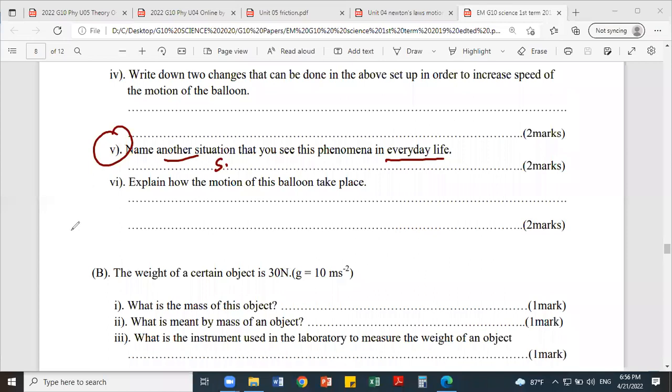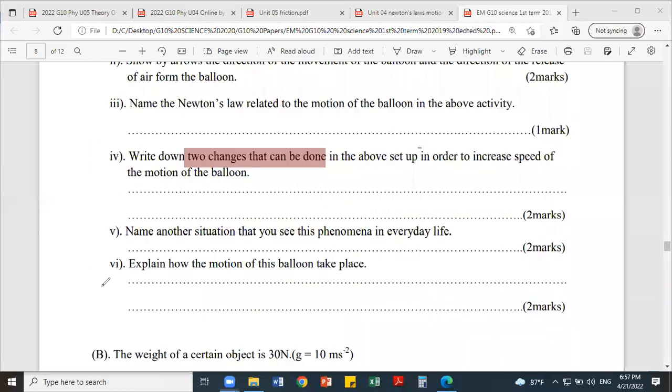Due to its greater mass. It's moving slowly, moving down slowly, at low speed, but you cannot stop it. You cannot stop it due to greater mass. So it's very important to understand this.